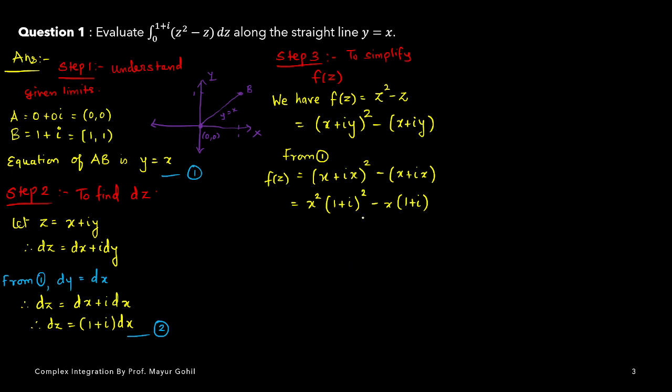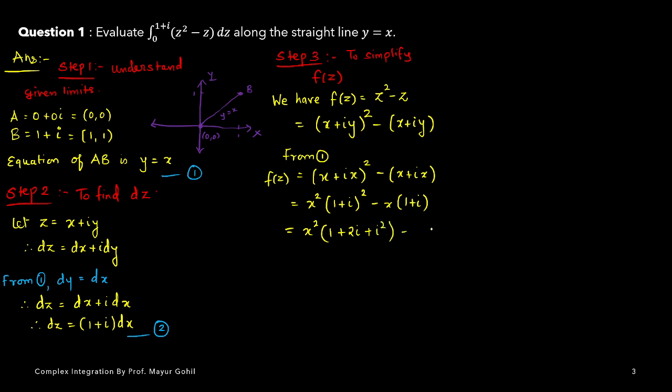We write here x squared, and this 1 plus i the whole squared is nothing but 1 plus 2i minus 1, since i squared is minus 1.